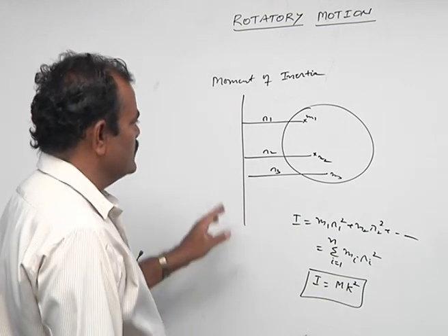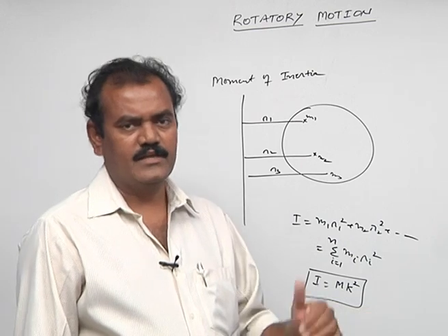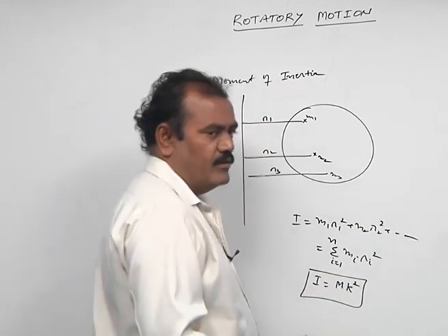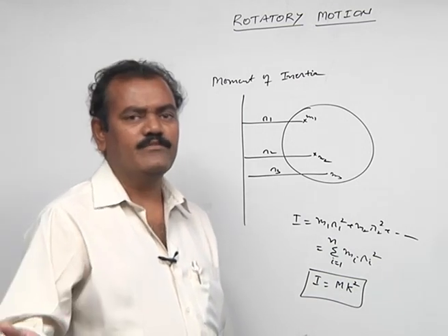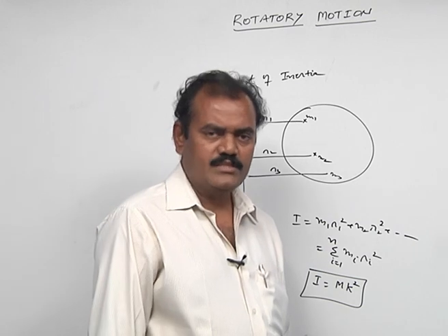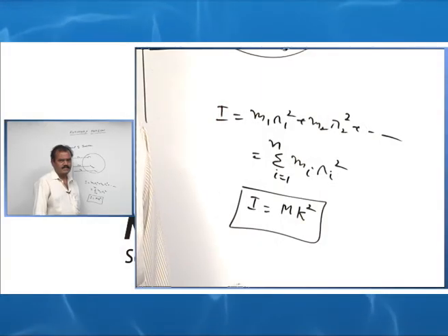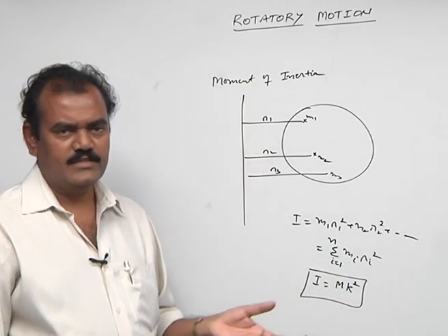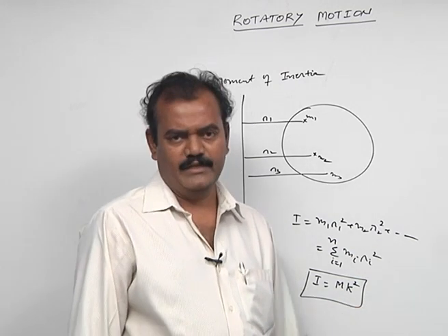Moment of inertia depends upon so many factors, as I already told you. For example, for the same body, if you change the axis of rotation, the moment of inertia changes. Take a circular disc: about its natural axis, the formula is mr square by 2.